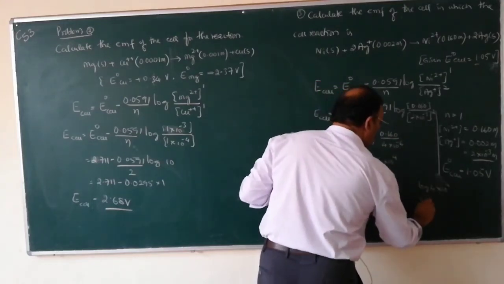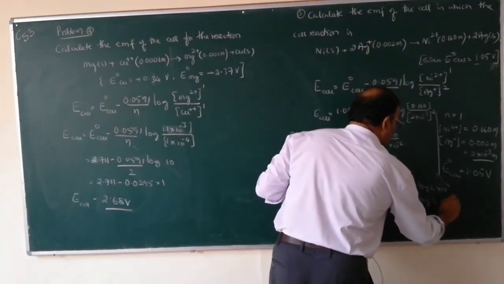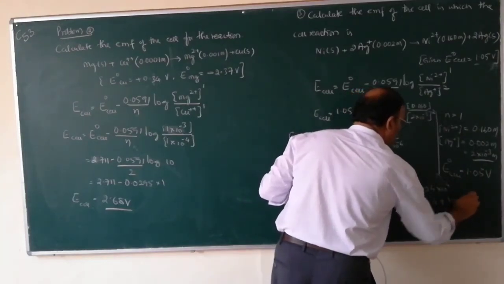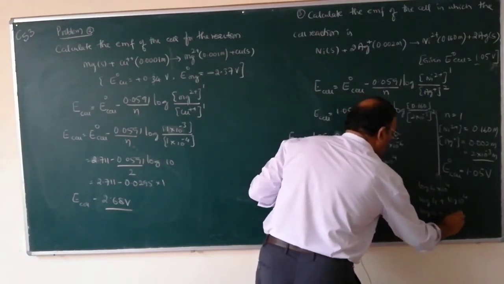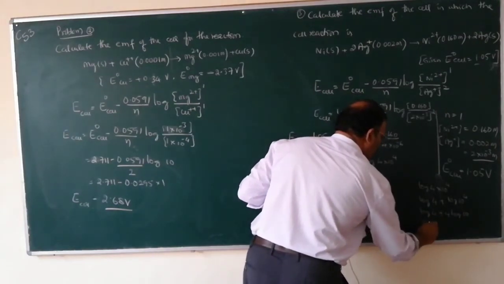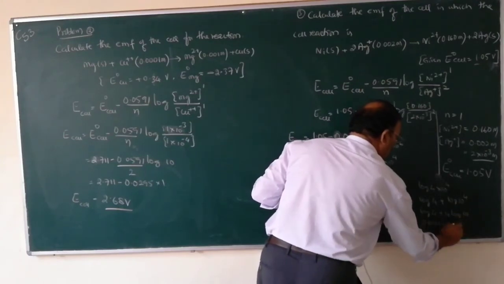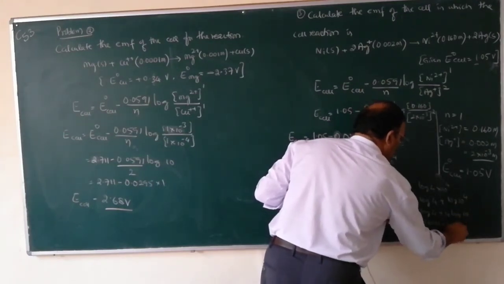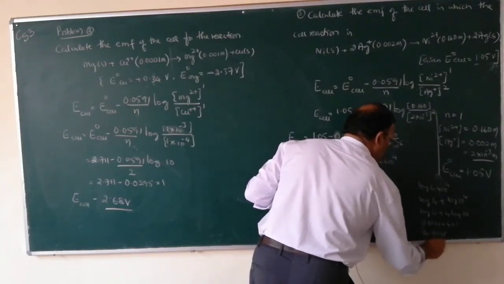This one you can write log 4 plus log 10 to the power of 4. This is log 4 plus 4 log 10. Log 4 is equal to 0.6021 plus 4 log 10 is 4. So this one is 4.6021.